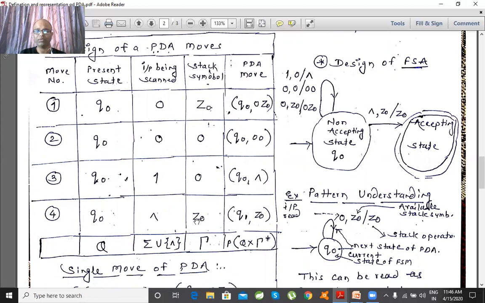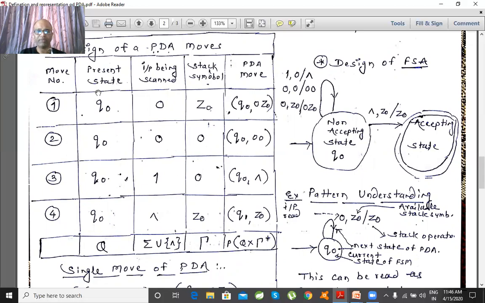So for the last symbol, this is an accepting condition, so we'll move from Q0 to Q1, where Q1 is marked as the accepting state. So when to move from Q0 to Q1? When the input is exhausted and Z0 is available on top of stack, then we won't update the stack. After retaining this Z0 on top of stack, we'll go to the Q1 state, which is marked as the accepting state.